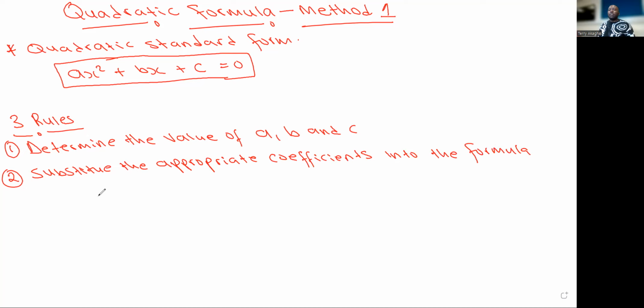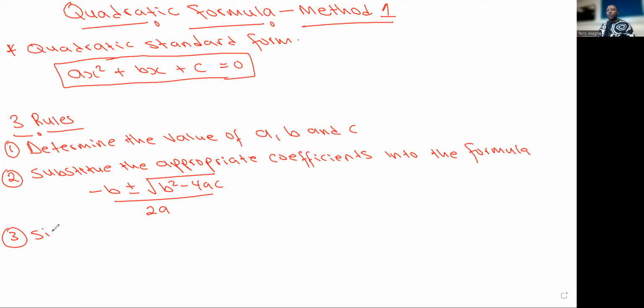And the formula is minus B plus or minus square root of B squared minus 4AC divided by 2A.